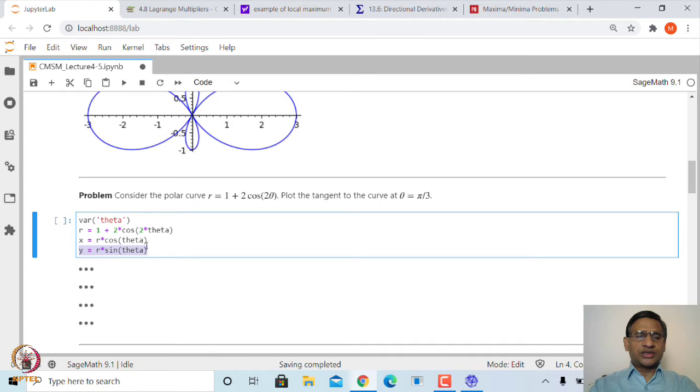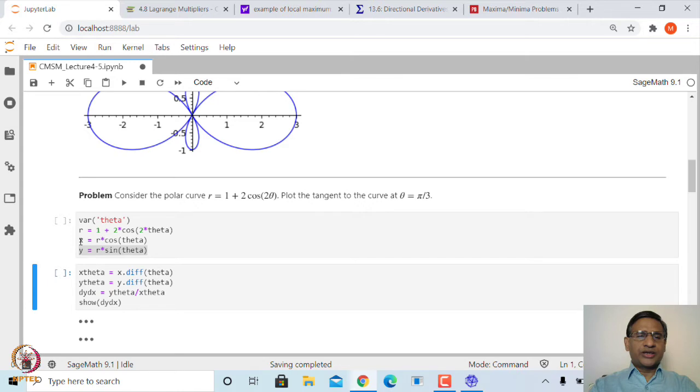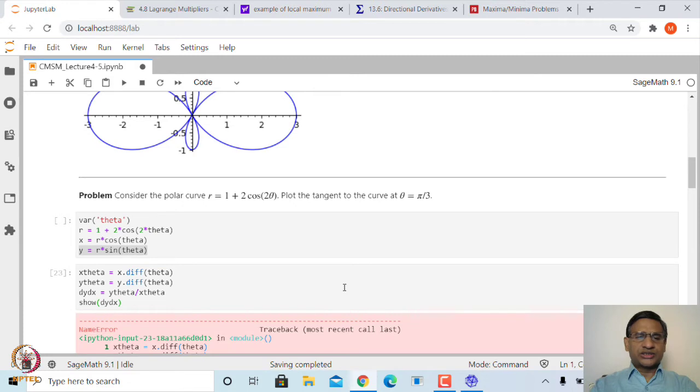So, in Cartesian coordinate, if you substitute x equal to r cos theta, y equal to r sin theta, this function will get converted into polar coordinates. Now, what you can do is find derivative of x with respect to theta, derivative of y with respect to theta. I have denoted it here by x theta, y theta, and then you can take the derivative of y with respect to x, that is dy d theta over dx d theta.